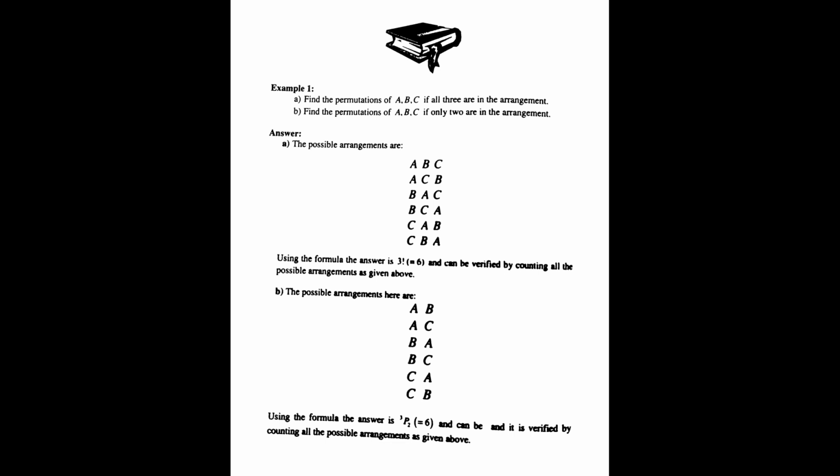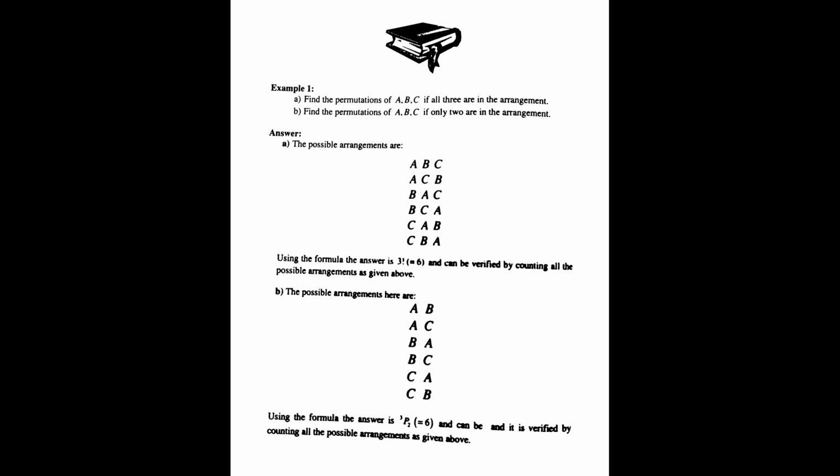So the second Roman number, what they ask is: using the formula, find the permutation of ABC if only 2 are in the arrangement. So we are using only 2, meaning AB, AC, BA, BC, CA, CB. So likewise we again have 6 arrangements, right?